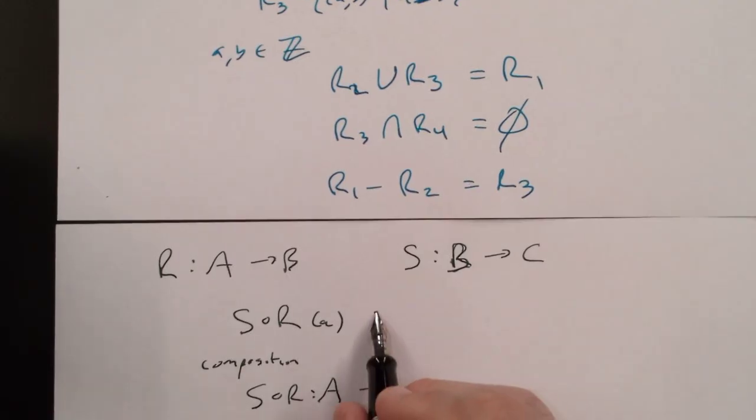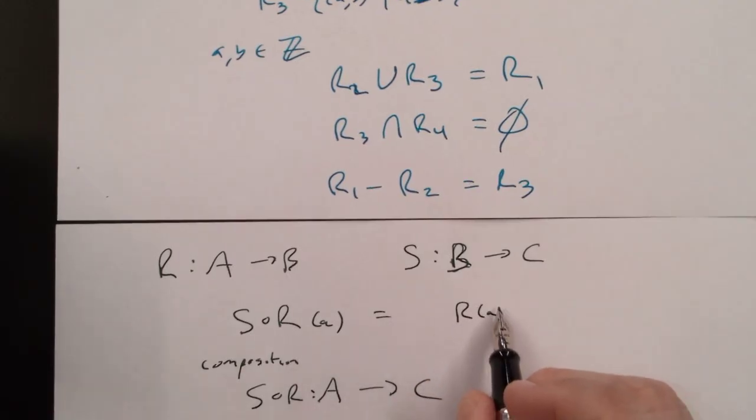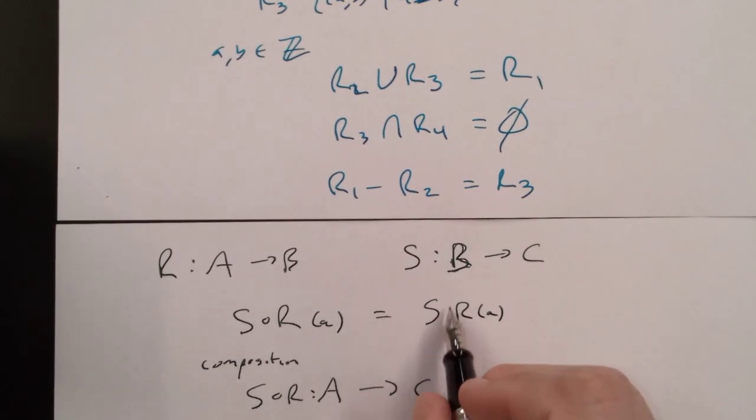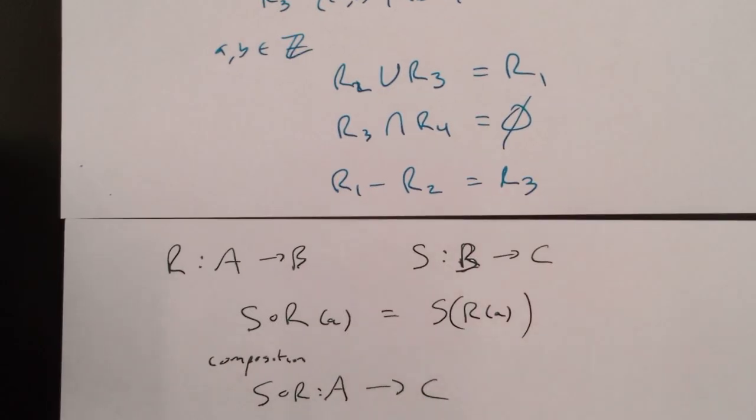Oh, we're going to do R of A, and then we're going to do S of that. That's even how we read that little circle in calculus. Remember the chain rule? F of G of X, S of R of A, S of R.